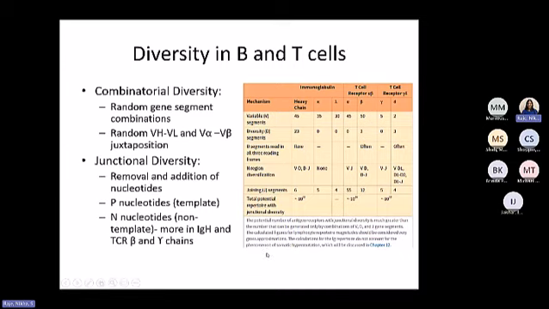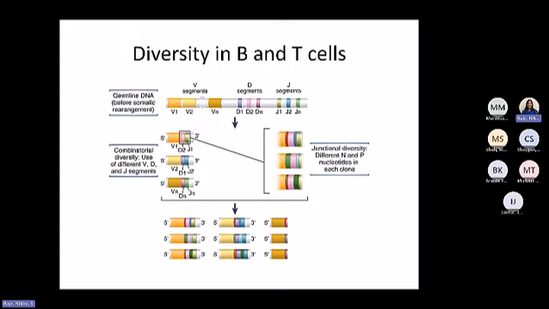One is based on a template, so we'll see in a minute how that's done. They are called P nucleotides if there is a template present, and N nucleotides that do not have a template. The N nucleotides are more in the heavy chain and the beta chain or the gamma chain compared to the light chain or the alpha chain or the delta chain. So that's your junctional diversity.